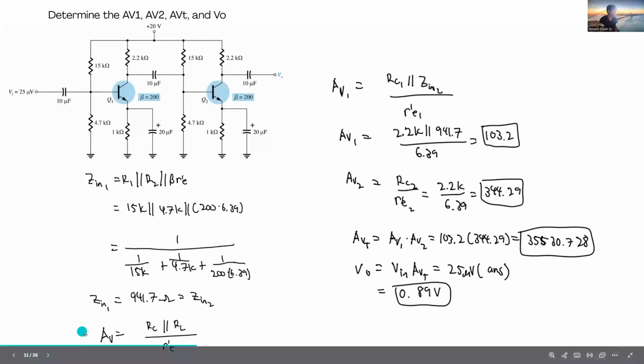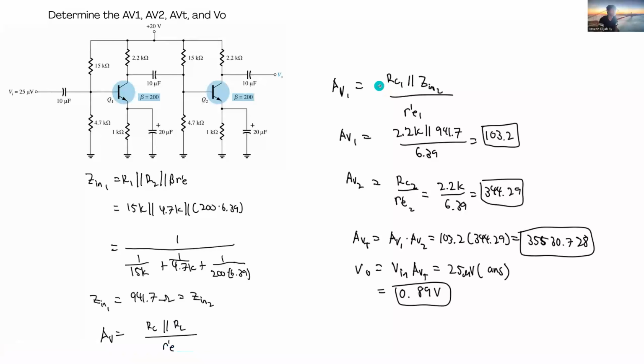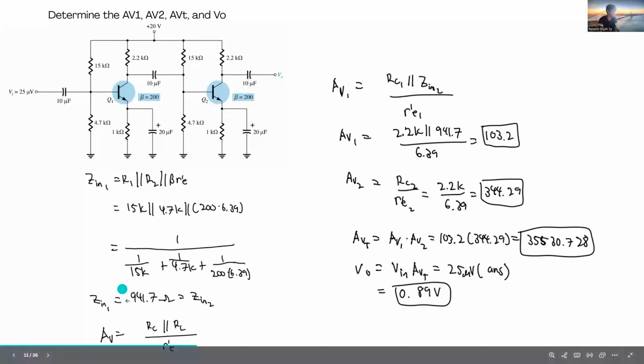So next, we find the AV. The formula for AV1 is RC parallel RL over RE. So we have RC, which is 2.2 kilo ohms, and then Z input, the input impedance that we have obtained before.